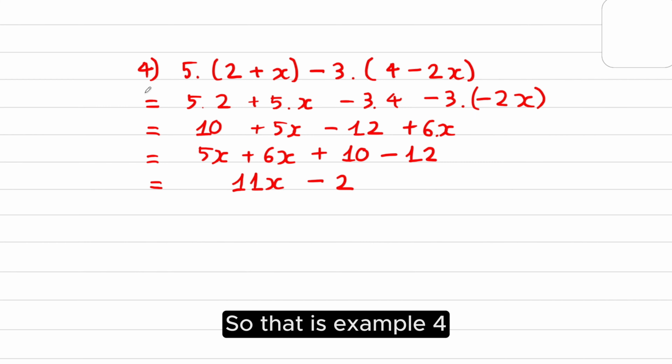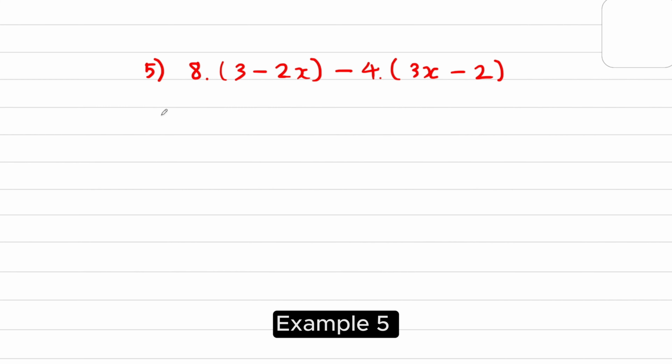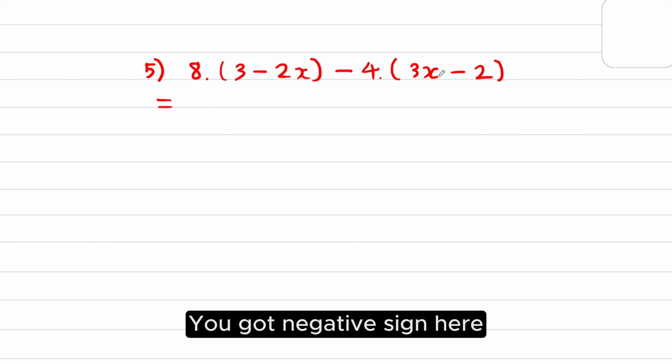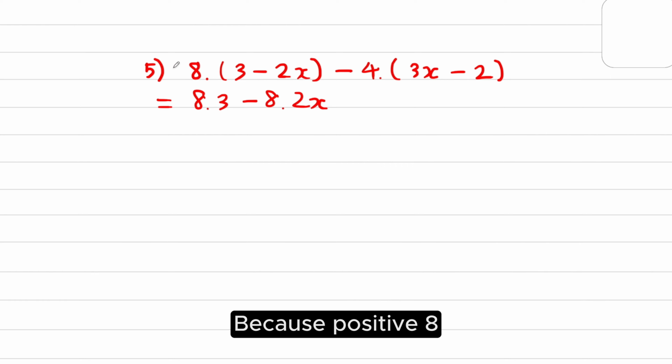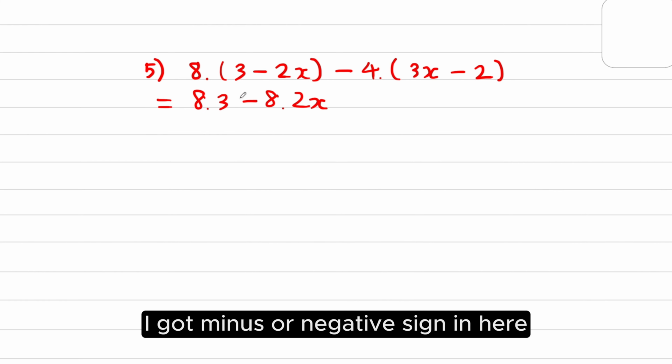So that is example 4. Example 5. Okay, one more time, you got a negative sign here and a negative sign here. 8 times 3 minus 8 times 2x. Why do I have minus here? Because positive 8 multiply negative 2x. So positive times negative, I got a minus or negative sign here.